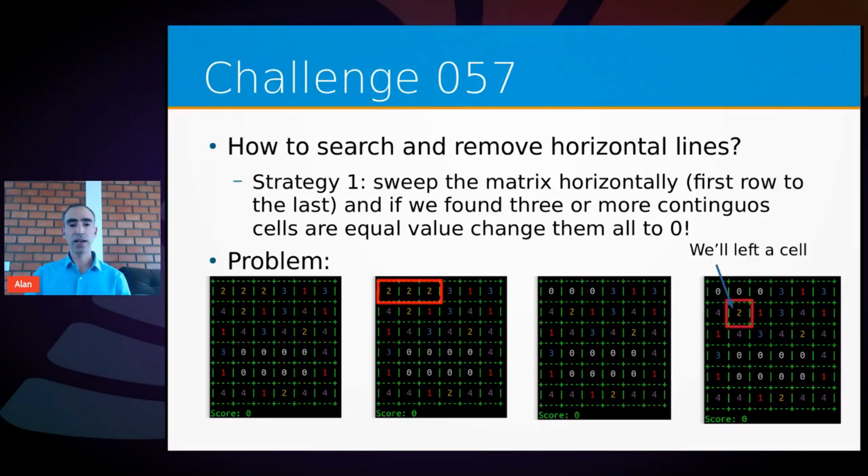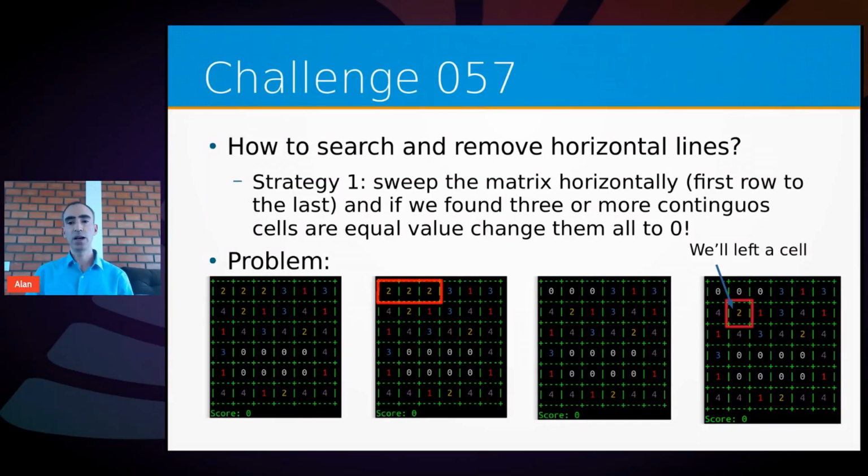But as you can see here, I faced some issues when I did it, because when I remove a line, the second line could have some equivalent cells with the same color block.